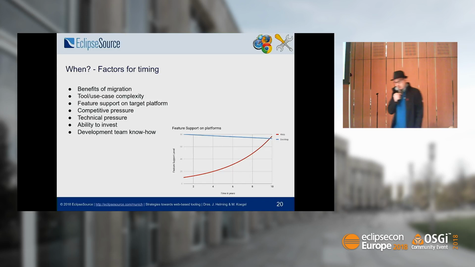About the feature support, I plotted that very scientific graph, of course, on the right-hand side, but I try to show a little bit my expectation and to at least qualitatively show you where we are. So if I think about feature support for a typical modeling tool on the desktop, I think there is a very high feature coverage.